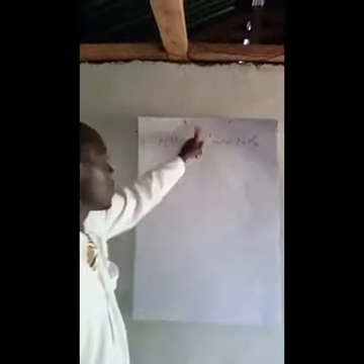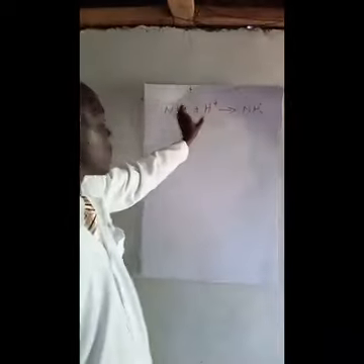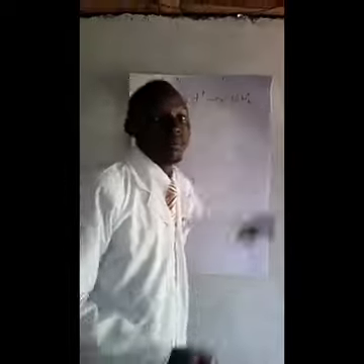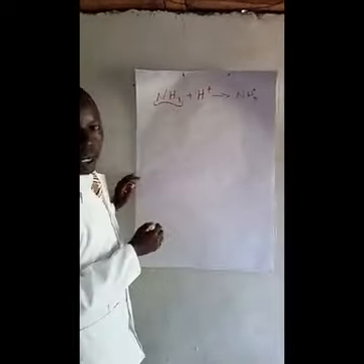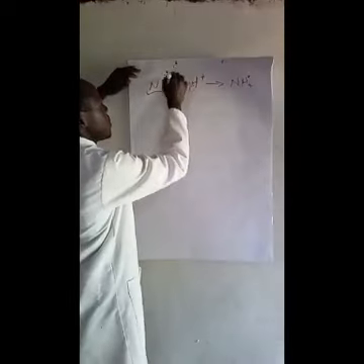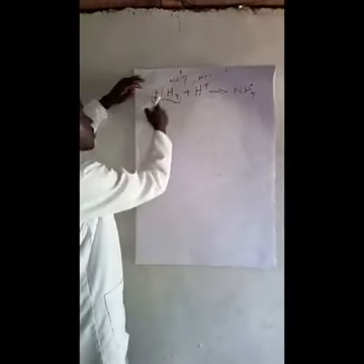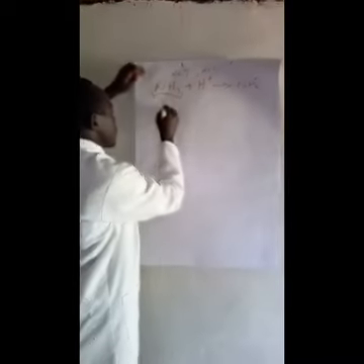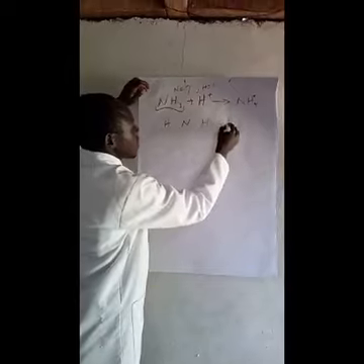I'm just using this to illustrate that ammonia combines with hydrogen to form ammonium. So we know that nitrogen is atomic number 7, hydrogen is atomic number 1. So you have 3 hydrogens: hydrogen, nitrogen, hydrogen, and another hydrogen there.